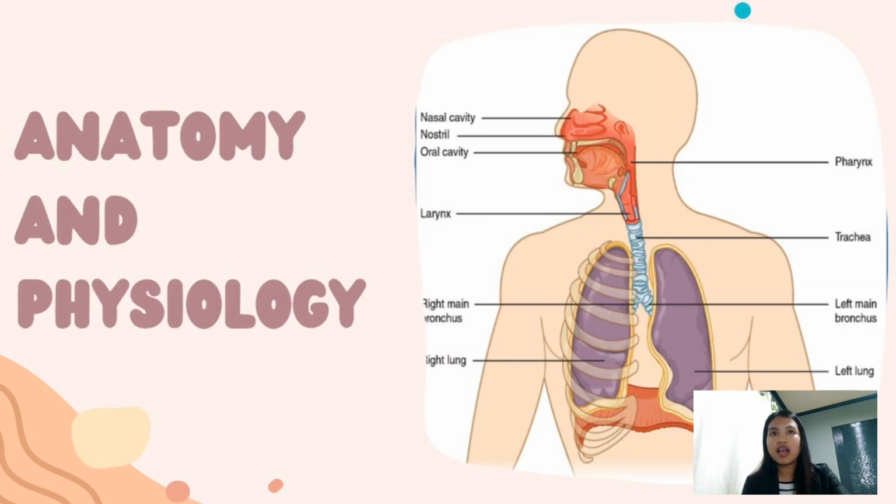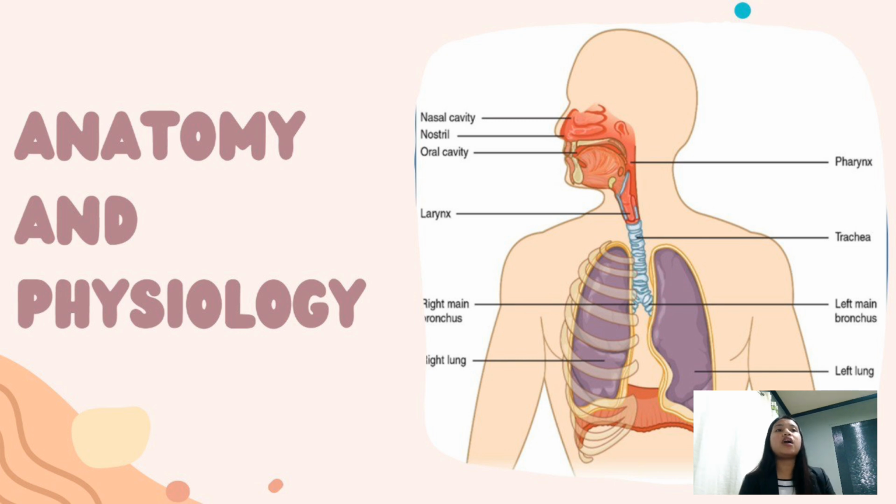Let's move on to the anatomy and physiology. Pulmonary Langerhans cell histiocytosis is a proliferation of monoclonal Langerhans cells in lung interstitium and air spaces. The lungs make up a large part of your respiratory system, which is the network of organs and tissues that allow you to breathe.